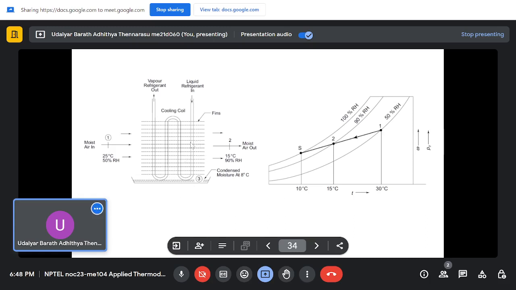Here the air coming out will have less water vapor and it will lose some heat, so it will cool. So this is at 15 degrees Celsius and 90% relative humidity, sorry, 80% relative humidity. So that's a typo, which is 80% relative humidity.